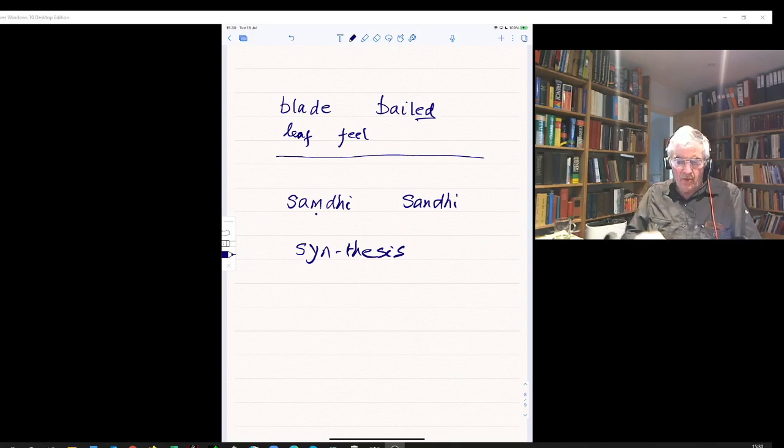So all of these are written without applying the rules of sandhi, but they're still perfectly correct Sanskrit, because even if you applied the rules of sandhi, no change needs to be made. Unlike now what we're getting to in lesson 2, where we do have to start applying the rules of sandhi.